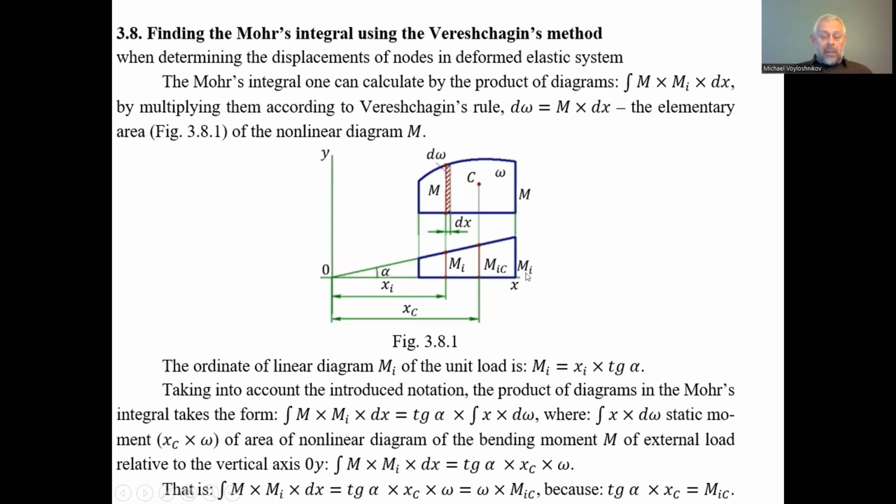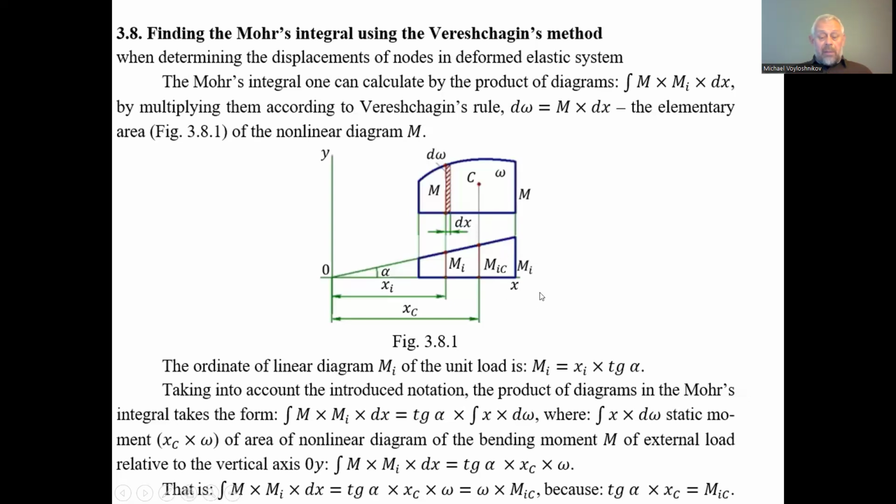It can be an effort like a force, or an effort of a moment. If we have a moment, it is the case of finding the angle of bending at a definite point of the mechanical system, and we have to consider this point under the action of the unit moment. In this case, usually the bending moment diagram for the element of the mechanical system under the unit force could be an even distribution.